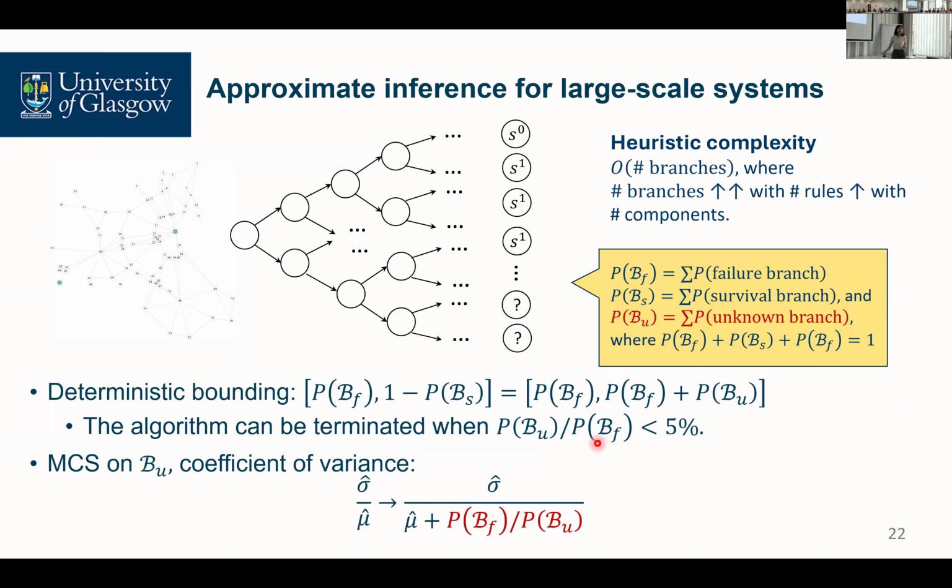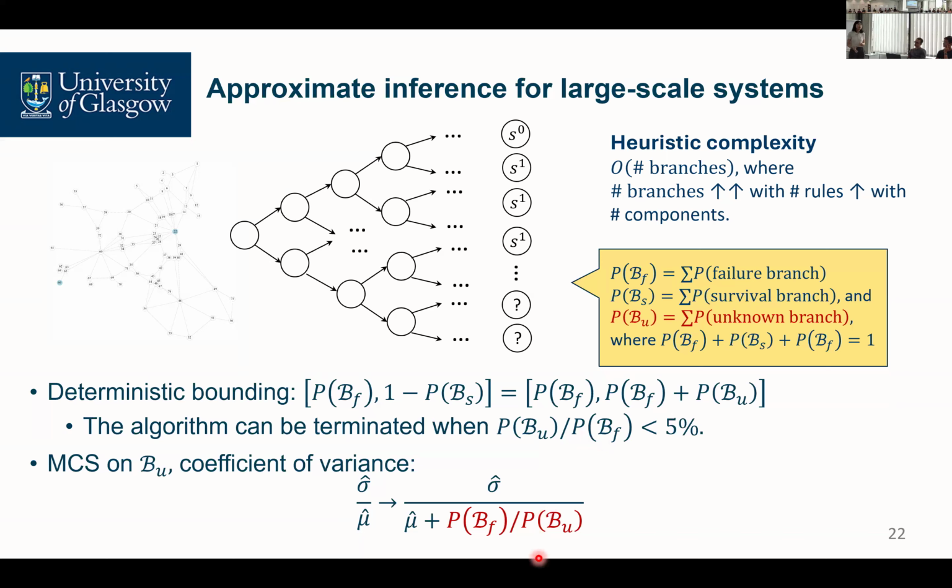Usually this works because a few branches explain most of the system domain, and in the end we are left with very fractional branches that don't take up much probability, but their number is so huge that we cannot exhaustively identify them.